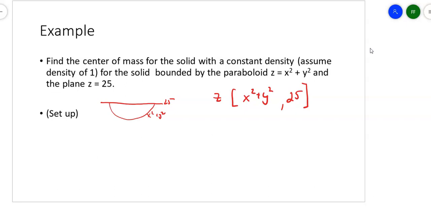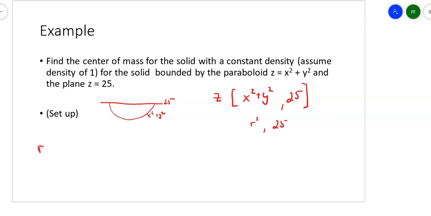Wouldn't it be easier if I did this in polar coordinates? So instead of doing x squared plus y squared, I could think of them as r squared. So maybe they go from r squared up to 25. Well, if I'm looking at r squared equals 25, then really what I have is a circle with a radius of 5.